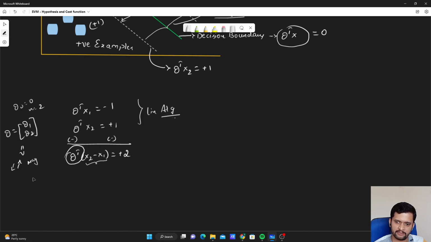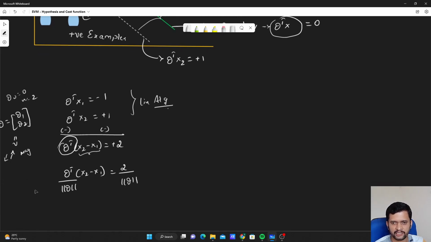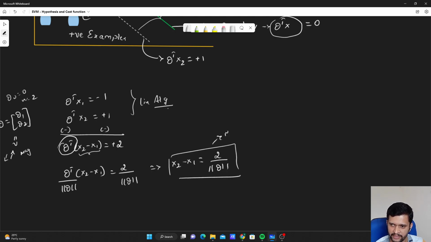With the help of linear algebra, we know that if we divide both sides of the equation by the norm of theta, we will do away with the magnitude. The resulting equation will be x2 minus x1 is equal to 2 by the norm of theta. This is what we have to maximize. Support vector machine will maximize this.